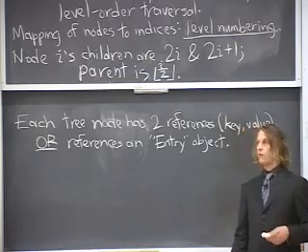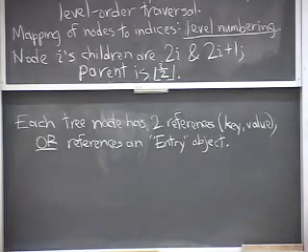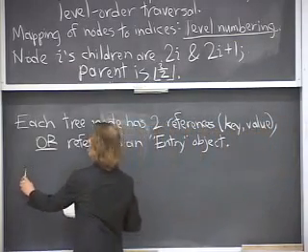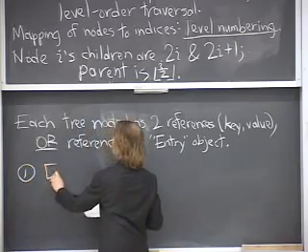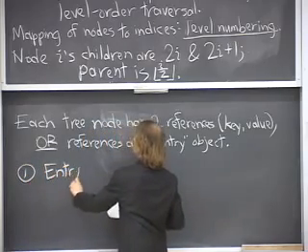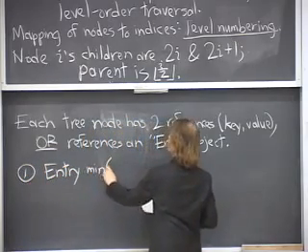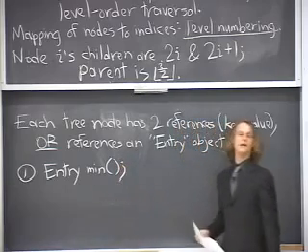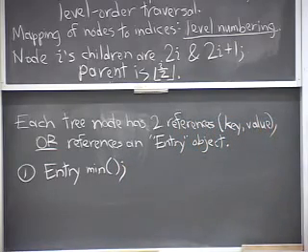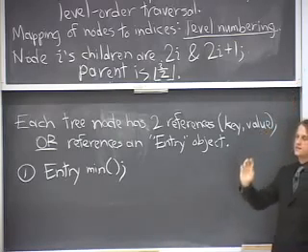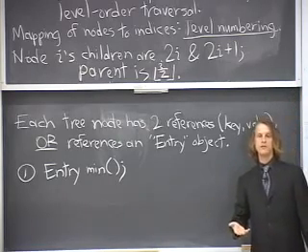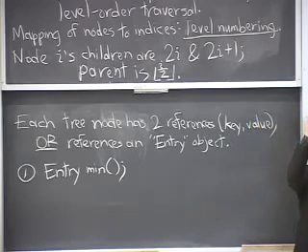So now let's look at how we will implement the three operations on a binary heap. The first operation is the min operation, which just returns an entry, and that entry is the entry with the minimum key. Well, that one's really easy to implement because the heap order property guarantees that the entry with the minimum key is always at the root of the tree.